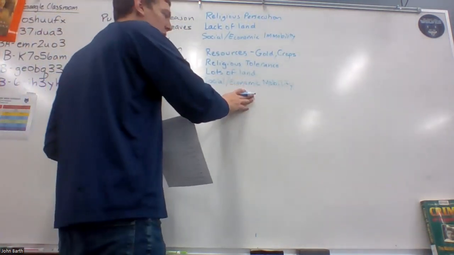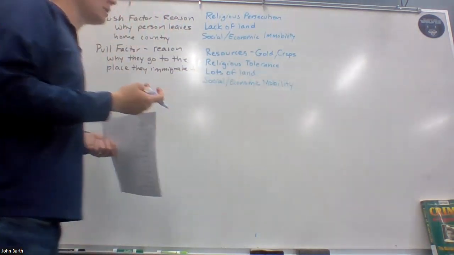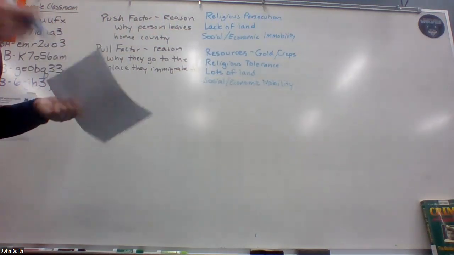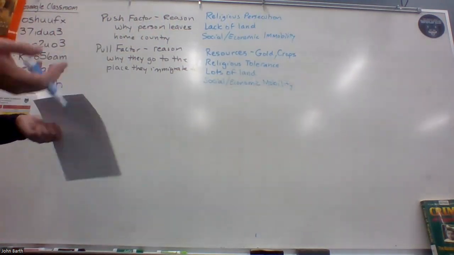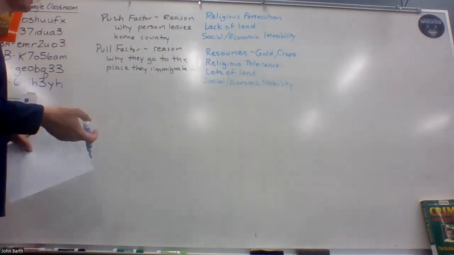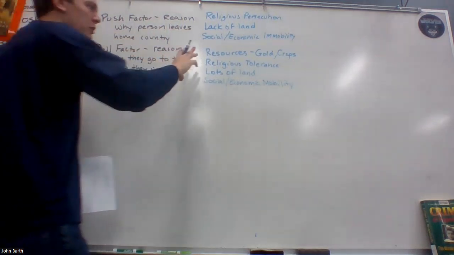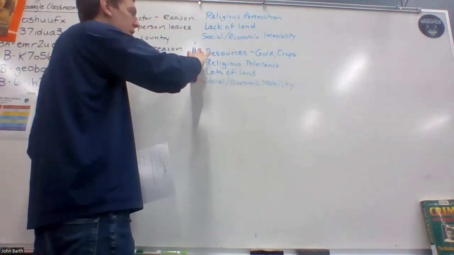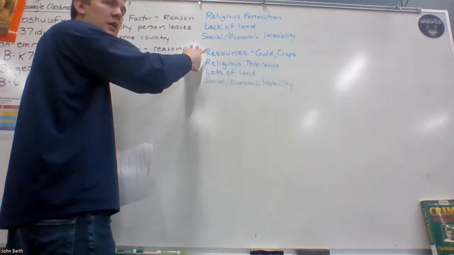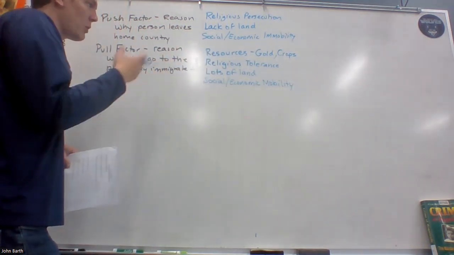Did that actually happen though? For most indentured servants, no, right? Most indentured servants ended up staying and working on the plantation during their whole contract period. Okay. So we see a lot of the goals of colonization here in these pull factors, right? These are the reasons why people are coming to the Americas specifically instead of going somewhere else.